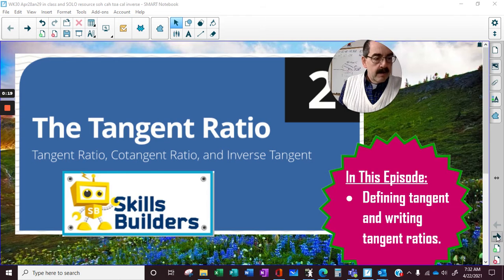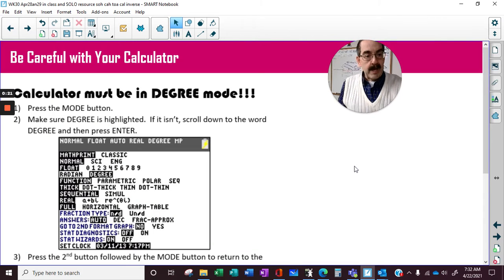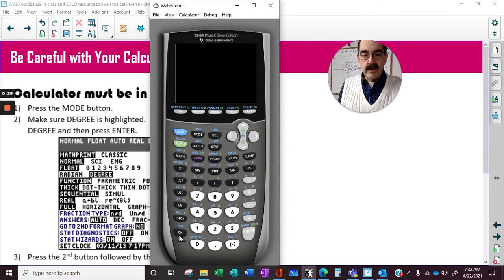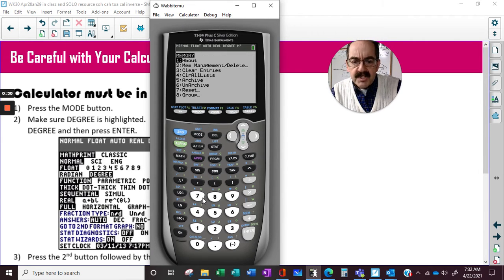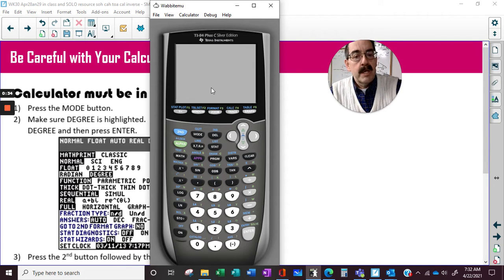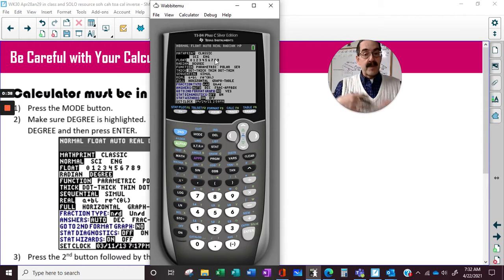First thing we want to do is make sure that we have our calculator in the right mode. I'm going to clear it with second plus 7, 1, 2. It clears everything. We click on mode, and we find out that the calculator likes radians. It doesn't work in degrees unless we tell it to.